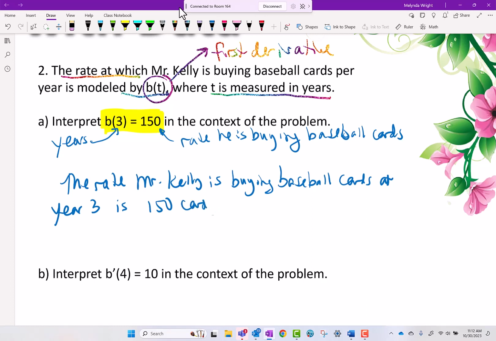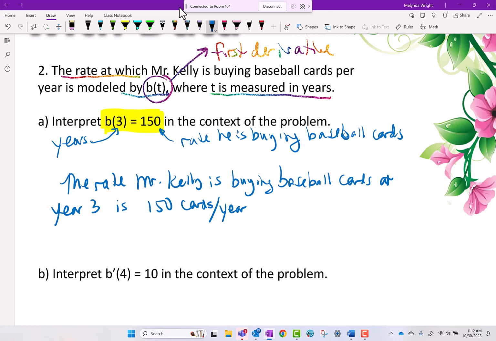So a rate is cards per year, or a first derivative would be like the item per the time, right? Cards per year, meters per second, whatever scenario we're dealing with.